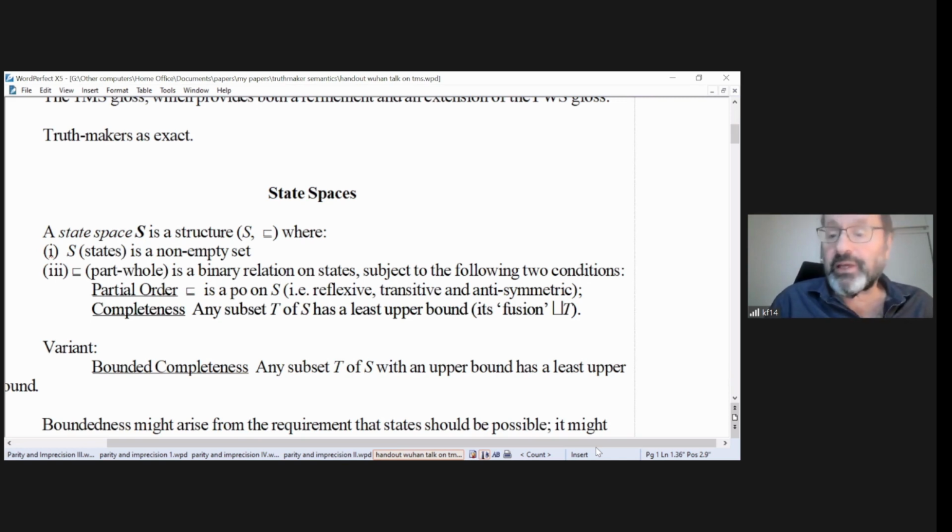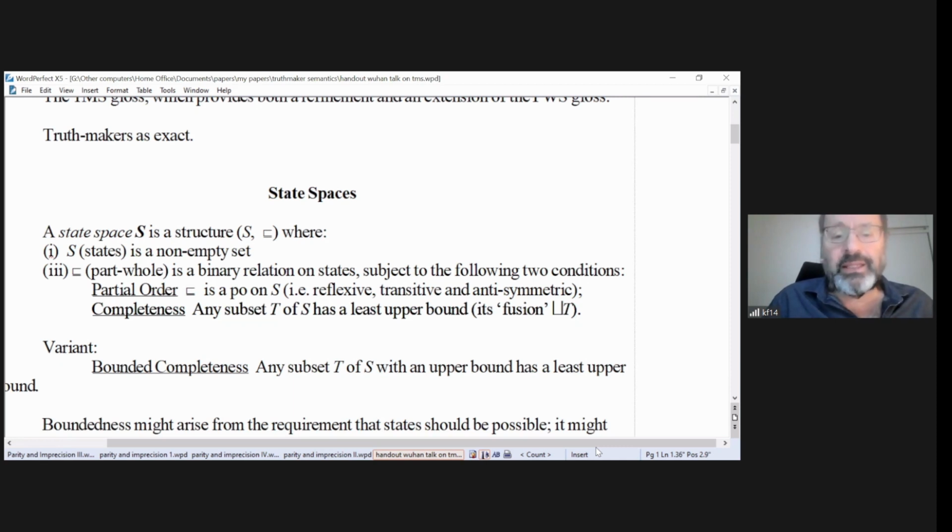That is, it should be reflexive, transitive, anti-symmetric. So everything's a part of itself. If S is a part of T and T a part of U, then S is a part of U. And anti-symmetric: if S is part of T and T is part of S, then they're the same. And now we also have a completeness condition.